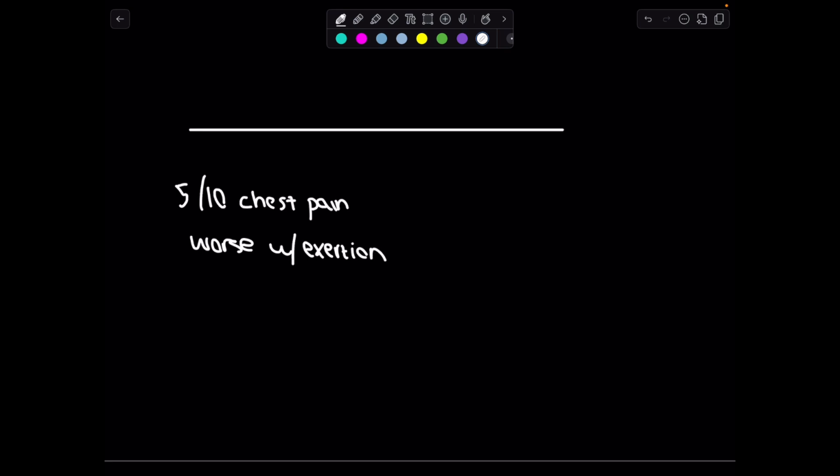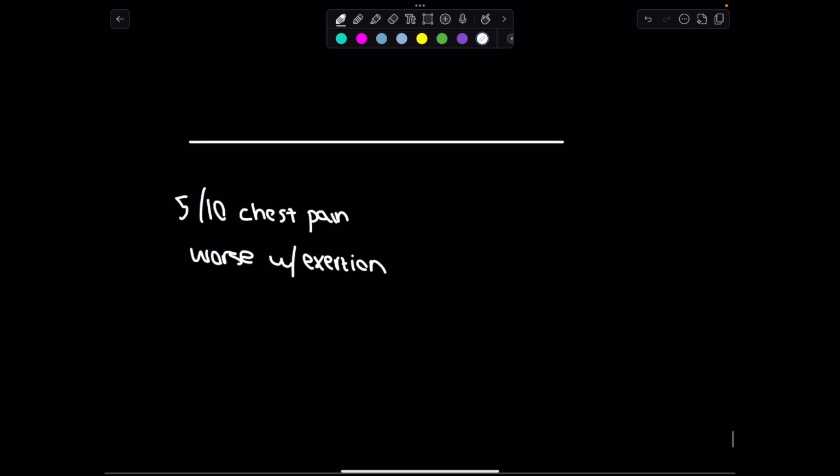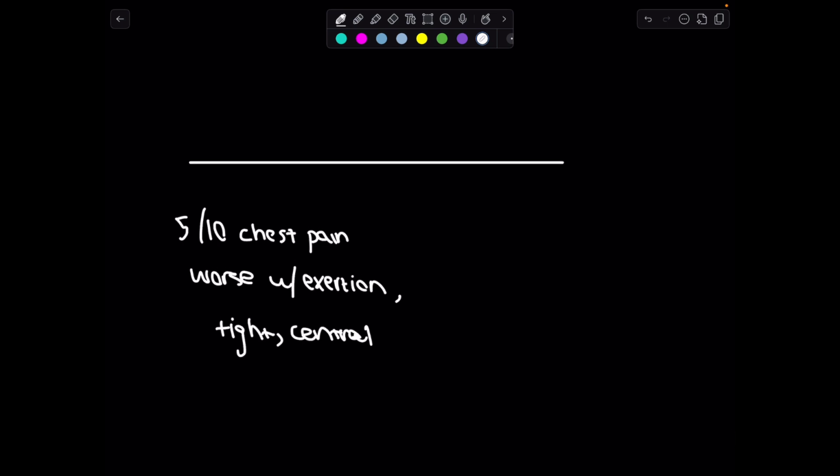5 out of 10 chest pain. And how long has it been? The chest pain, tight and central, 5 out of 10, has been intermittent for 3 weeks, worse with exertion, relieved by rest. Want to ask about associated symptoms, past history, or make a guess?